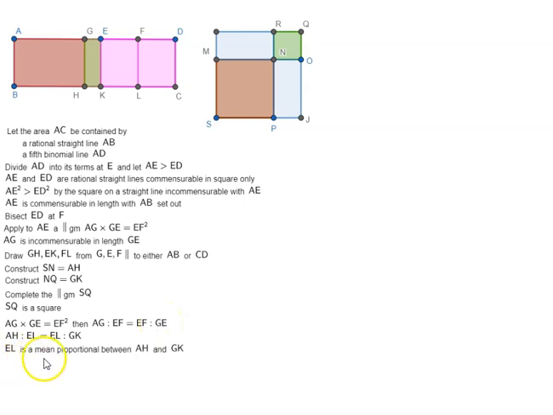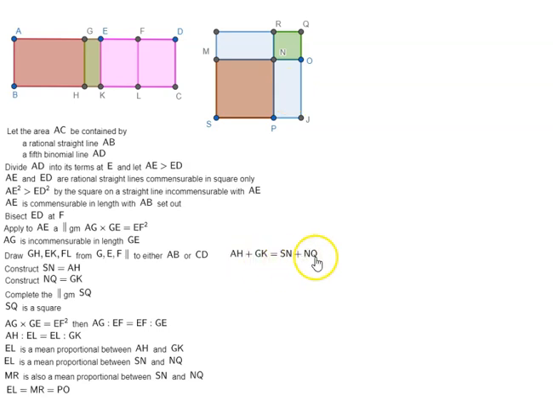So we can say EL is a mean proportional between AH and GK, and EL is a mean proportional between SN and NQ, because AH is equal to SN and GK is equal to NQ. And again, based on the lemma, we can say MR is also a mean proportional between SN and NQ. So we have EL is equal to MR, which is equal to PO also.